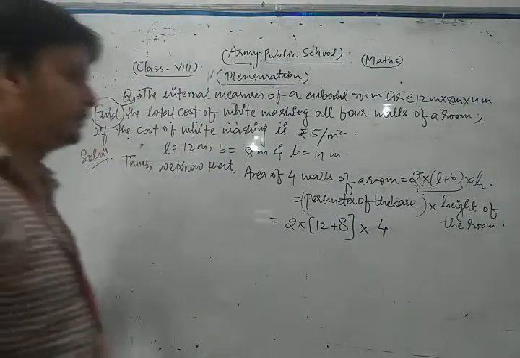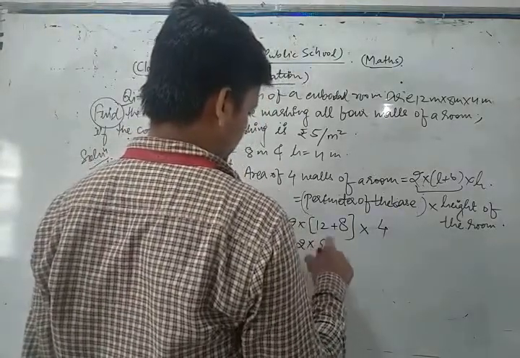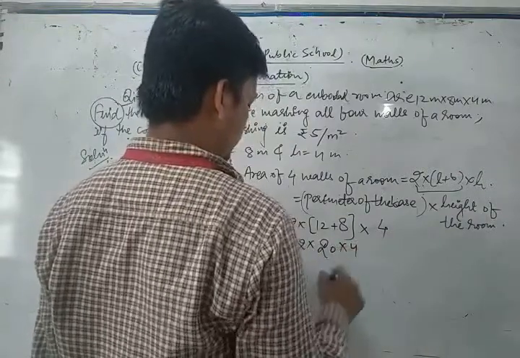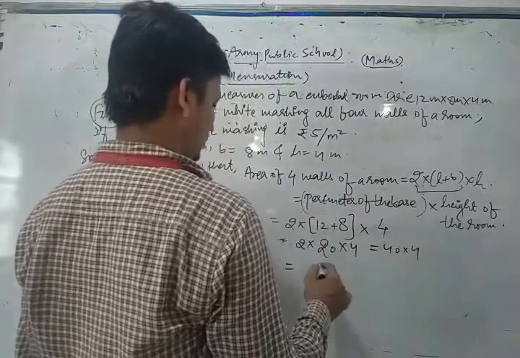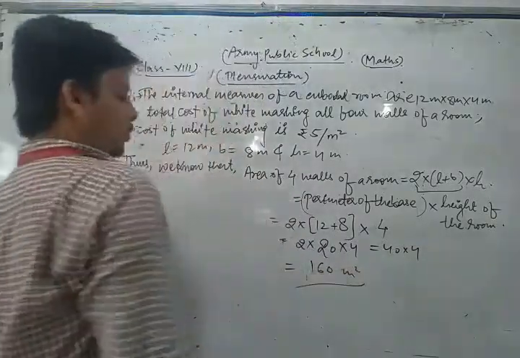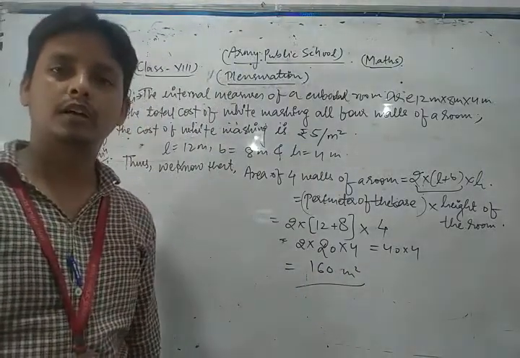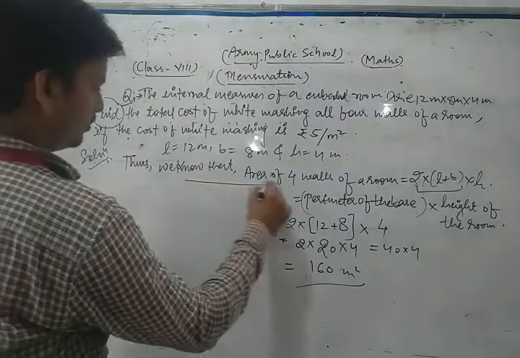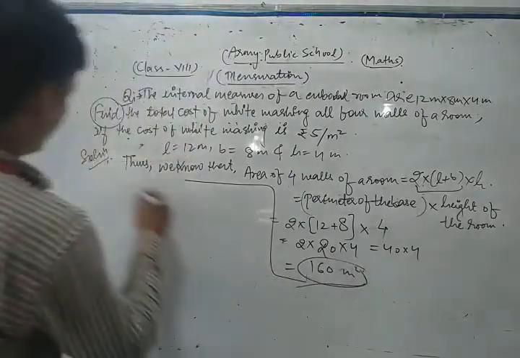So we simplify them. 2 into 20 into 4, 40 into 4, that is 160 meter square. So in this way we find the area of four walls of the room. So the area of four walls of the room is 160 meter square.